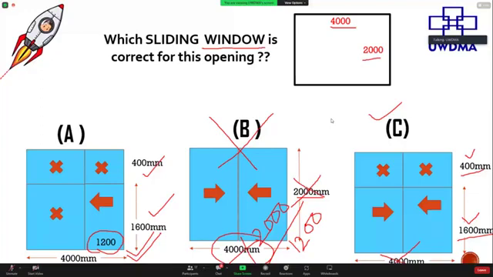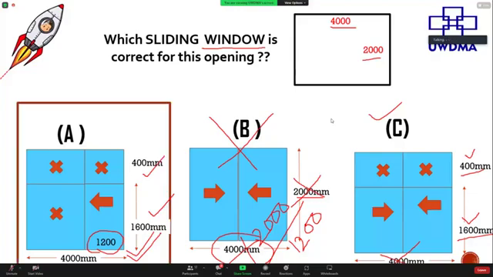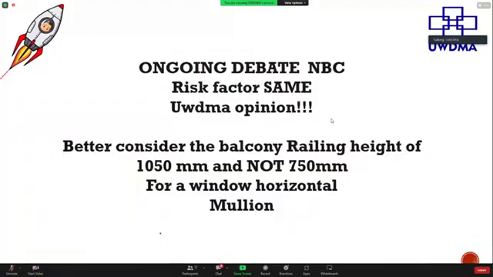Fixed panel we don't have much concern. It depends on the maximum size of the glass you can take, or the maximum size of sash you can carry to your location, and the rest you can confirm from your system provider. So this 4 feet was concerning the moving panel. So we are going with option A.